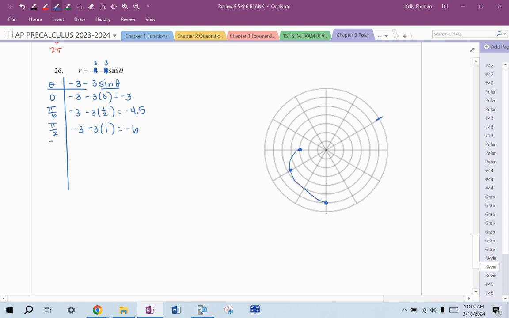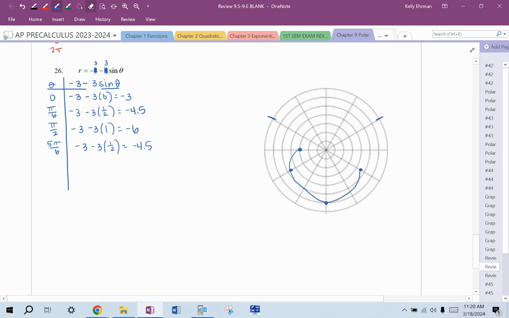Okay, and then we're going to plug in 5 pi over 6. Negative 3 minus 3 times positive 1 half is back to negative 4.5. So face 5 pi over 6, but walk backward 1, 2, 3, 4.5.